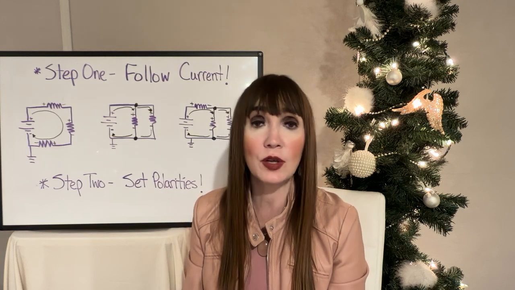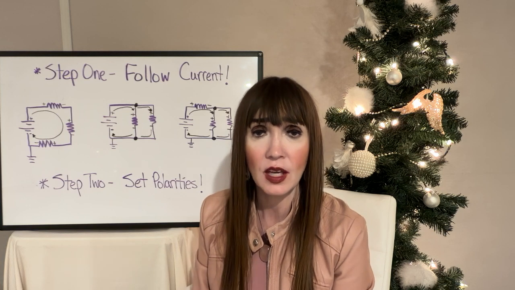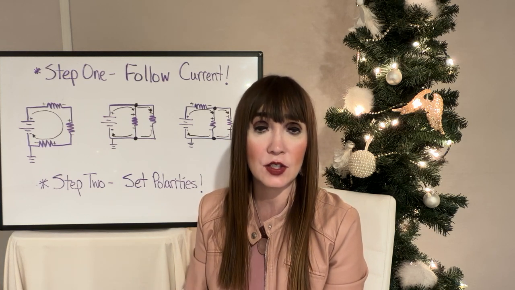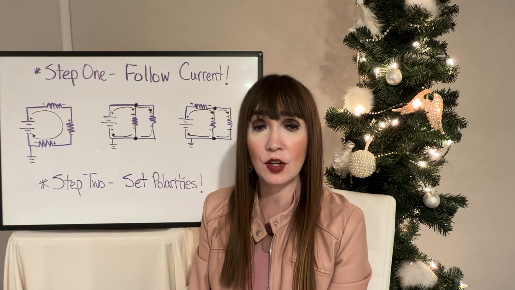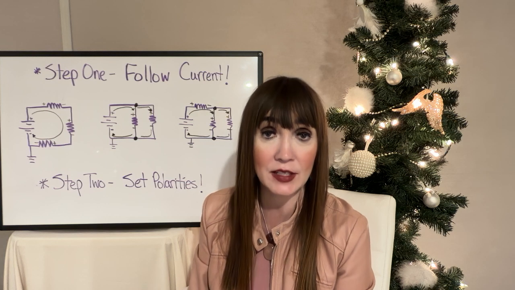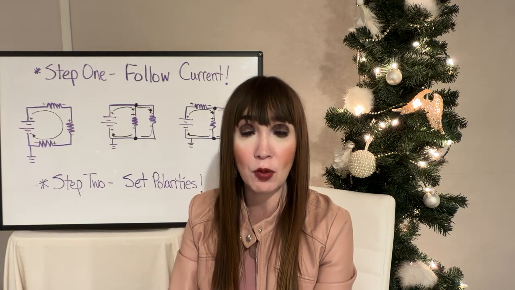And in these tutorials, I want to make sure we all know, I use conventional current flow. So all my tutorials will have current flowing out of the positive of our source and returning back to our negative. Just want to clarify that point.